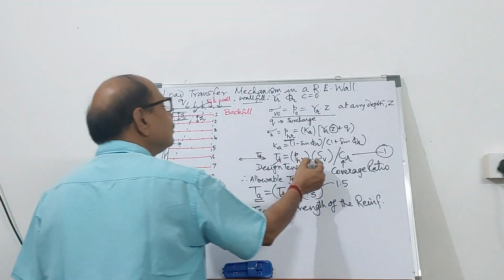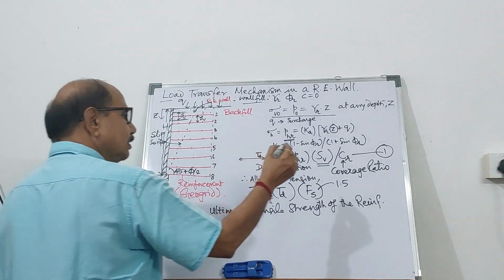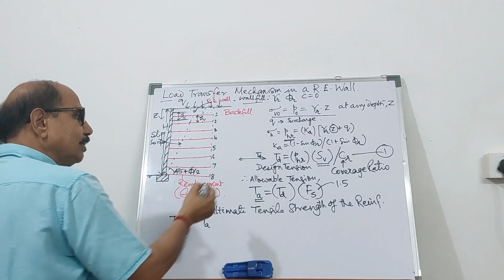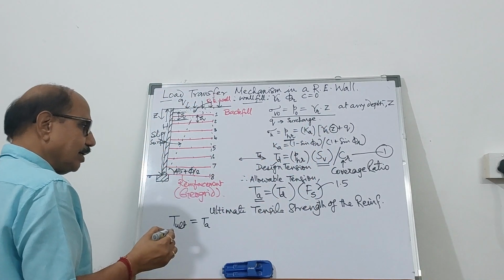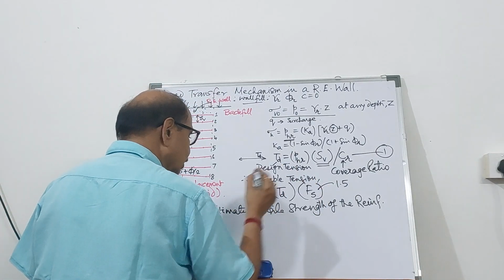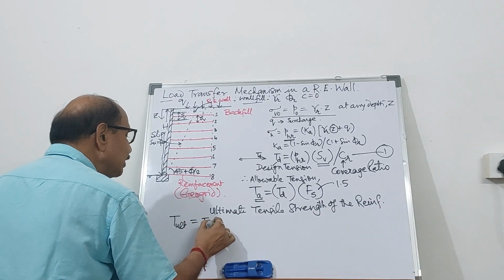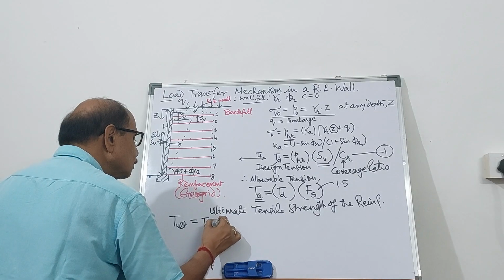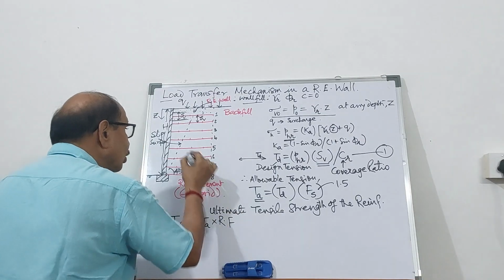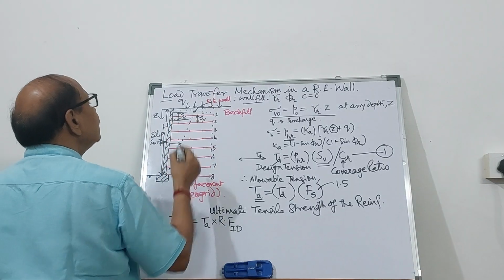And the vertical spacing, whatever vertical spacing you are going to keep, divided by the coverage ratio. If the coverage ratio is 1, then it becomes PHR into SV. And then the allowable tension in the reinforcing element is TD into factor of safety. And the ultimate tensile strength of the reinforcement is the allowable tensile strength into the reduction factor for installation damage, ID.